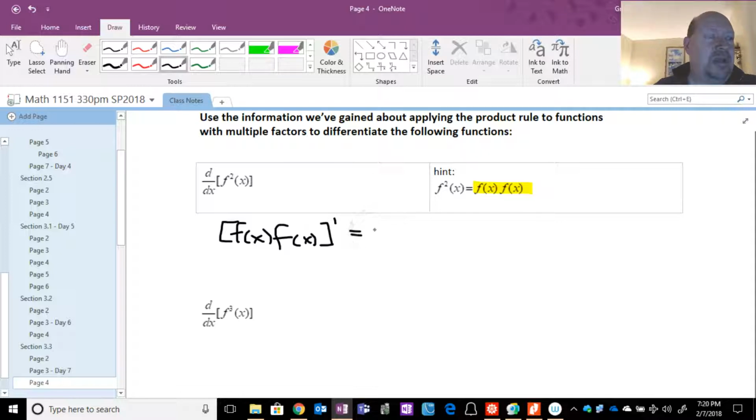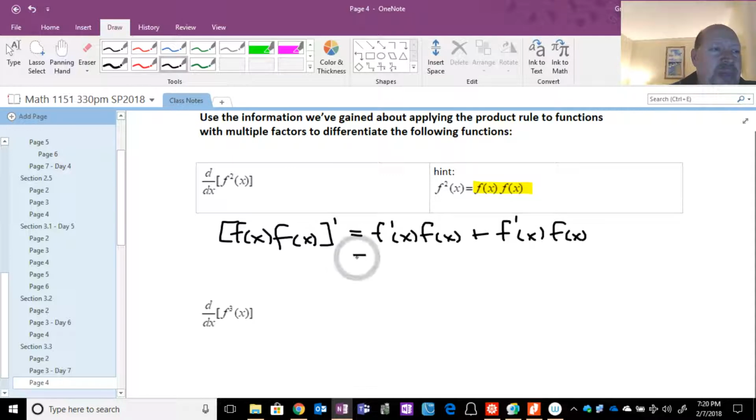From the product rule, we know that's going to be the derivative of the first function times the second, so f prime of x times f of x, plus the derivative of the second function, which again is the same here, f prime of x times the first. You notice these are the same thing, just written twice.